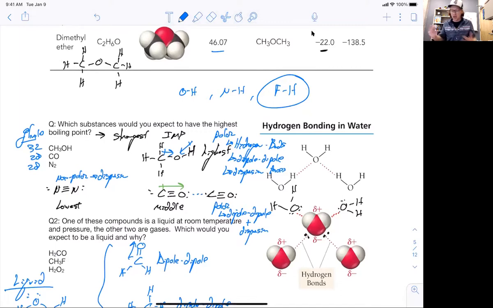So if you have hydrofluoric acid, just HF, or the molecule has OH or NH. And these make a lot more sense because you could have any number of other bonds to the other side of the oxygen or the nitrogen. Then you have hydrogen bonds. It's going to be the strongest as long as the size is about the same.